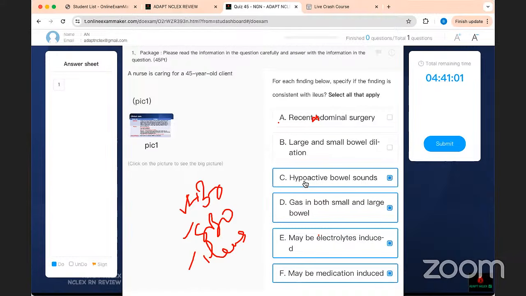The bowel sounds will be hypoactive. And the large bowel and small bowel will be dilated, unlike in small bowel obstruction. And they usually have recent surgery. So you just had surgery a few days ago, then everything slowed down. That is the difference between large bowel and small bowel obstruction.